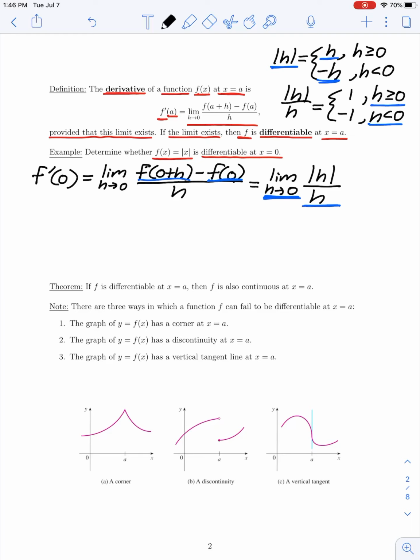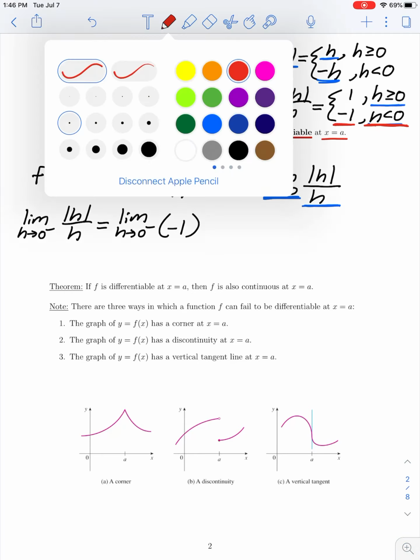So if we consider a left-hand limit of the absolute value of h over h, well, if we're approaching 0 from the left, that means we're working with negative values of h. So we would have the limit as h approaches 0 from the left of negative 1. Recall, if h is less than 0, this function is defined as negative 1.